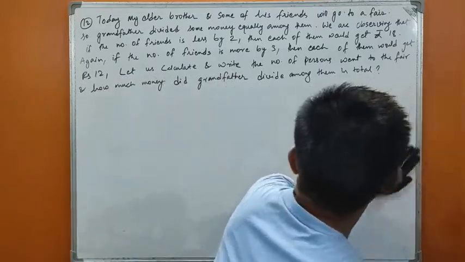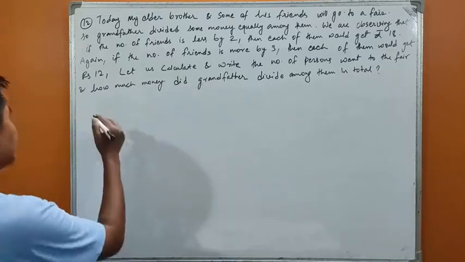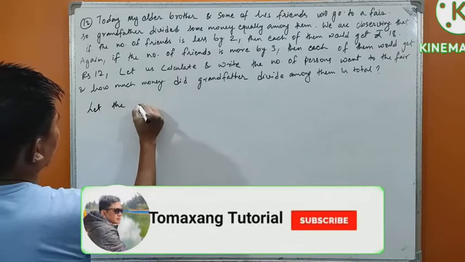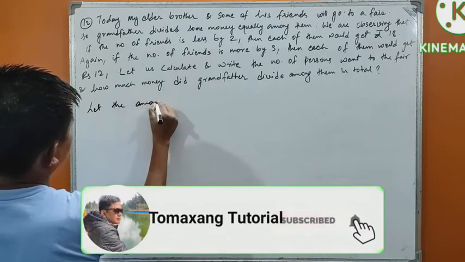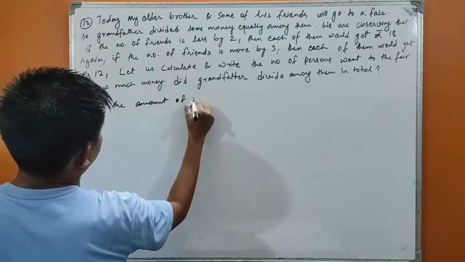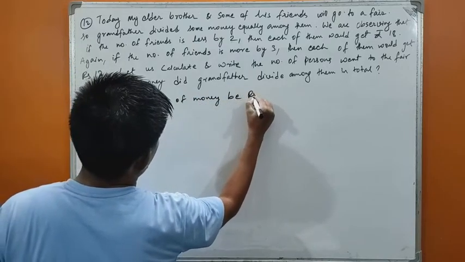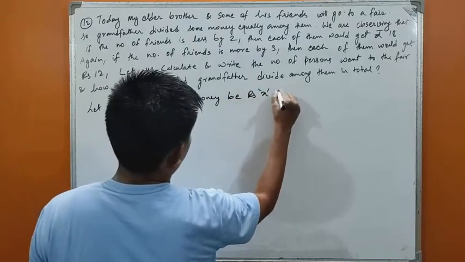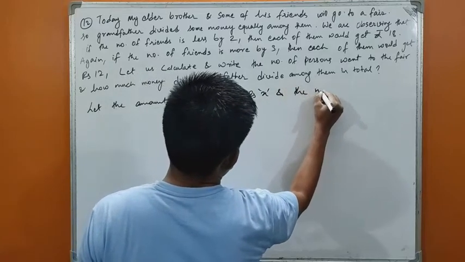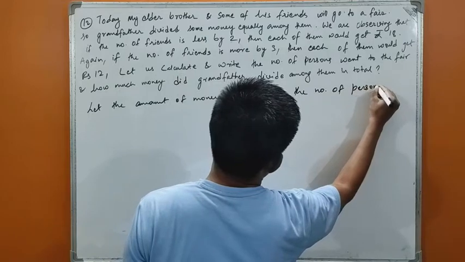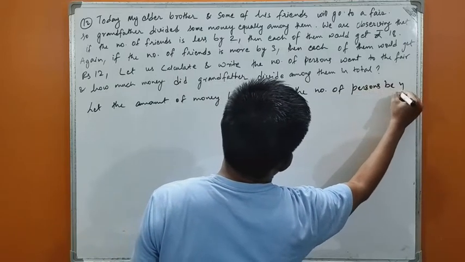So let's do the sum. Let the amount of money be rupees x, and the number of persons be y.